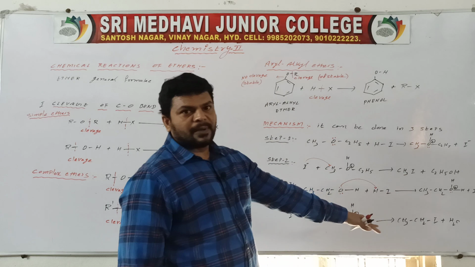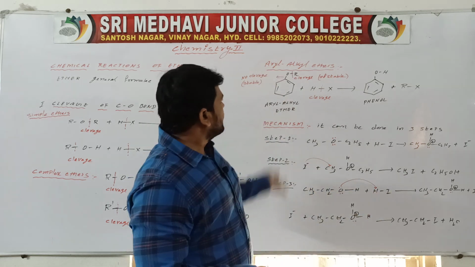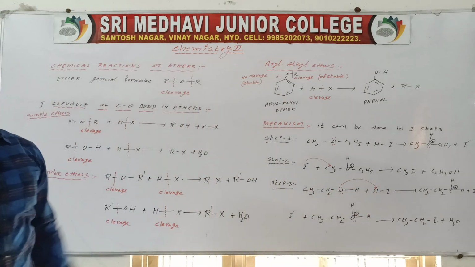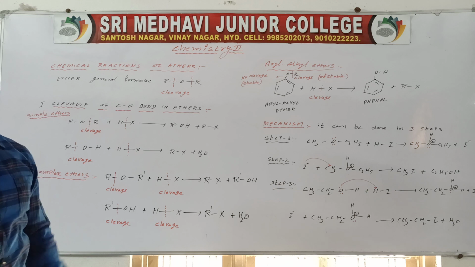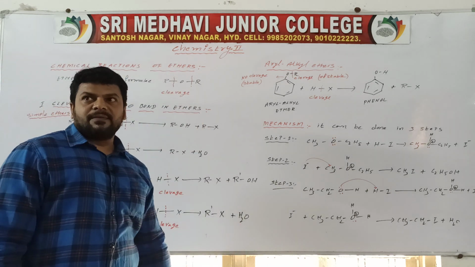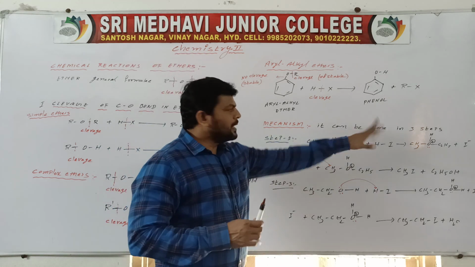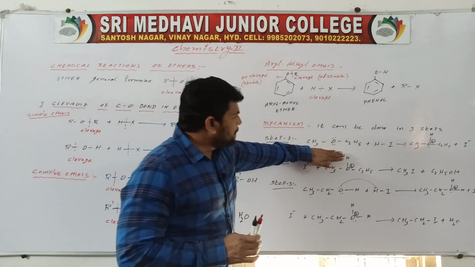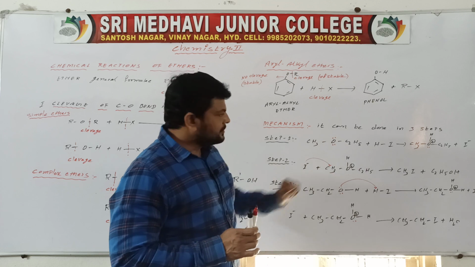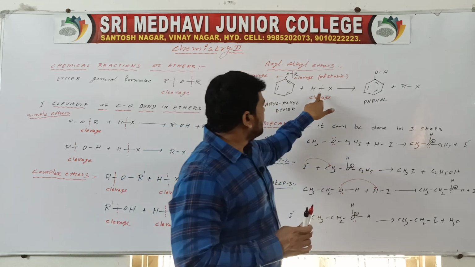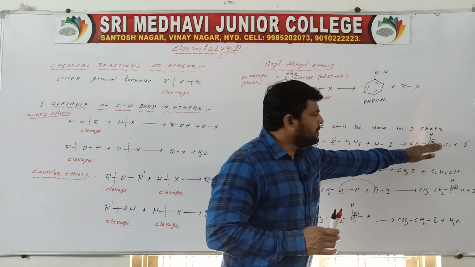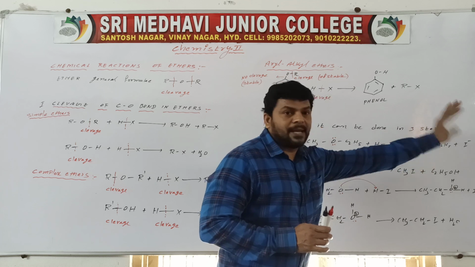So this is the reaction mechanism in chemical reactions of ethers. Understand? It can be done in 3 steps. First I am taking ether, it reacts with HI, then it forms a protonated ether plus I minus.